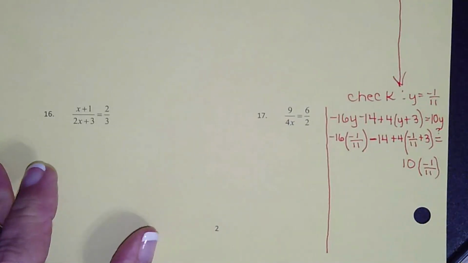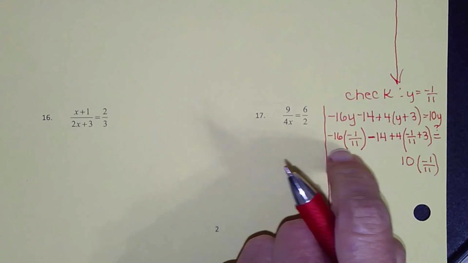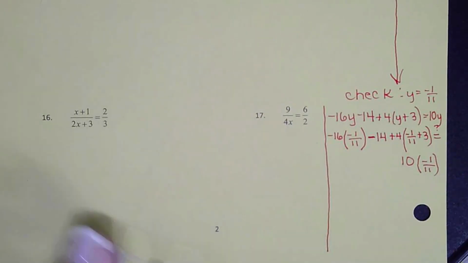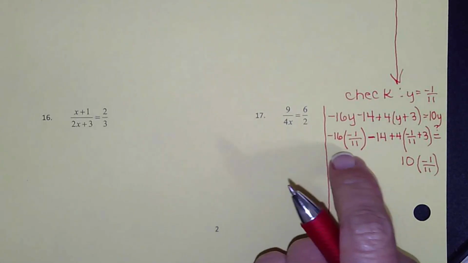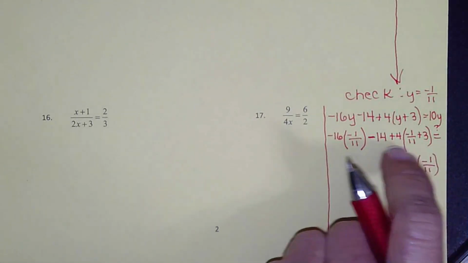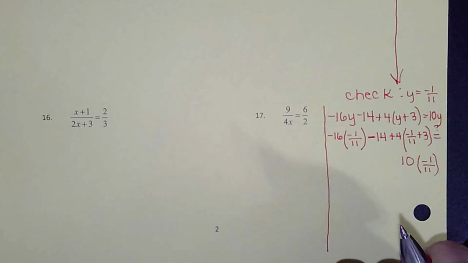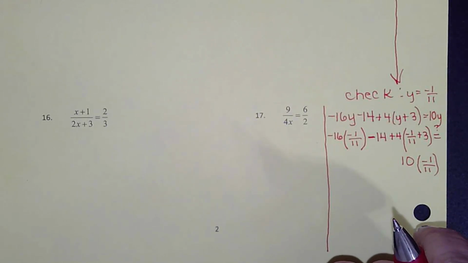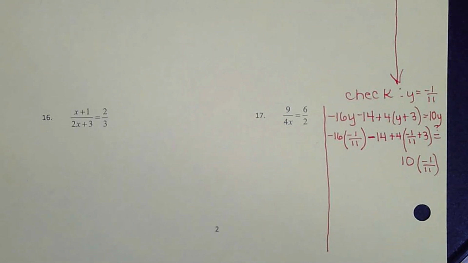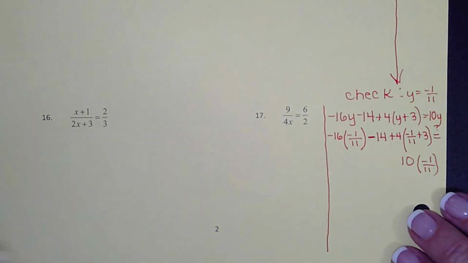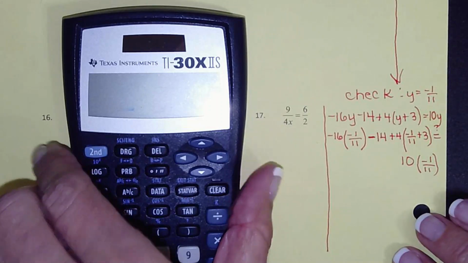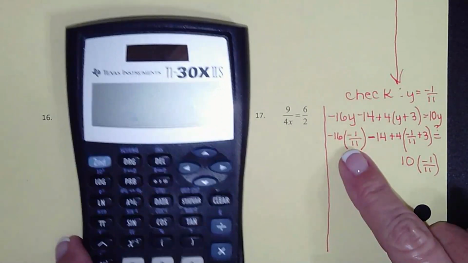And you remember how I told you can do this whole thing in one step on the problem in the calculator. The whole left side can be done as one step because our calculator is really smart. It knows all the order of operations and everything. So this is a great problem to practice on your calculator.